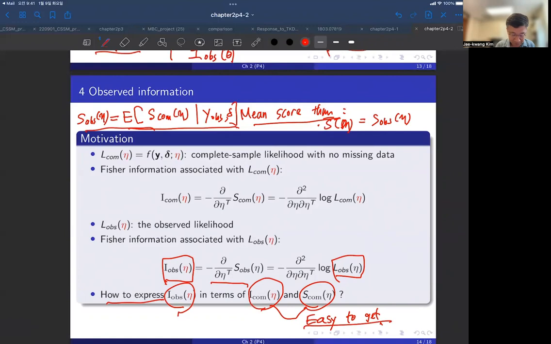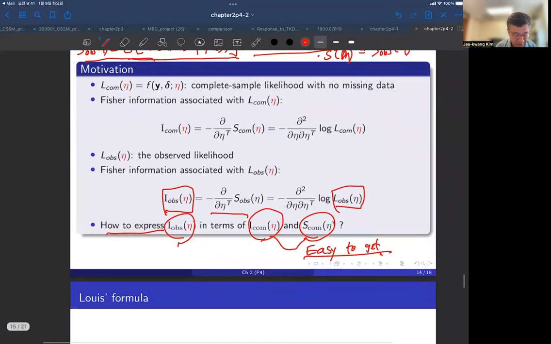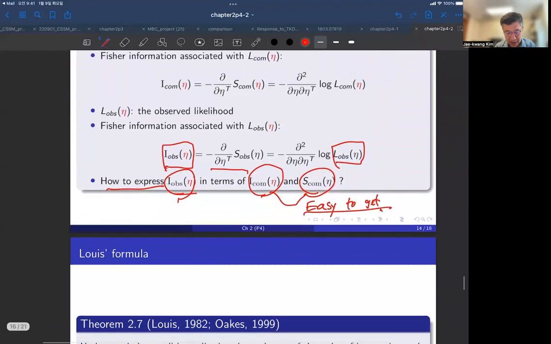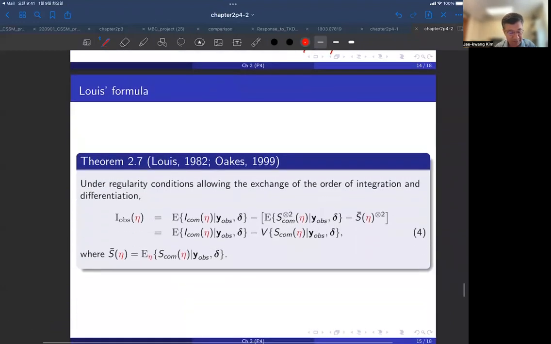And now the question is, is there any way we can compute the information using this complete sample information and complete sample score function? And that has been investigated by Thomas Louis.